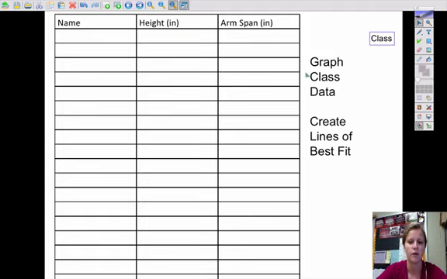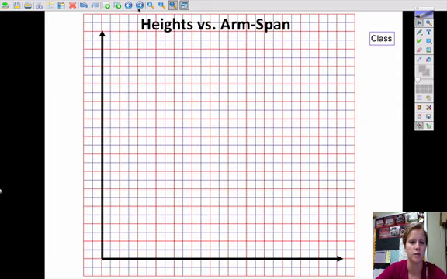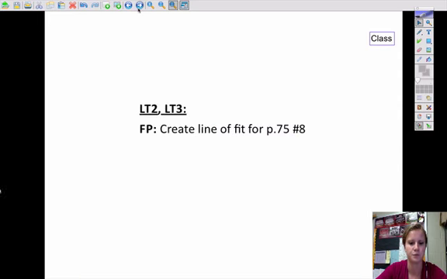And then I want you to graph the class data after everybody gets theirs up there and create your own line of best fit for that. And then you guys can talk about it, maybe have some people share out what their equation was and what their line looked like, and maybe some people can share their graphs and partner share, do some small group shares there.